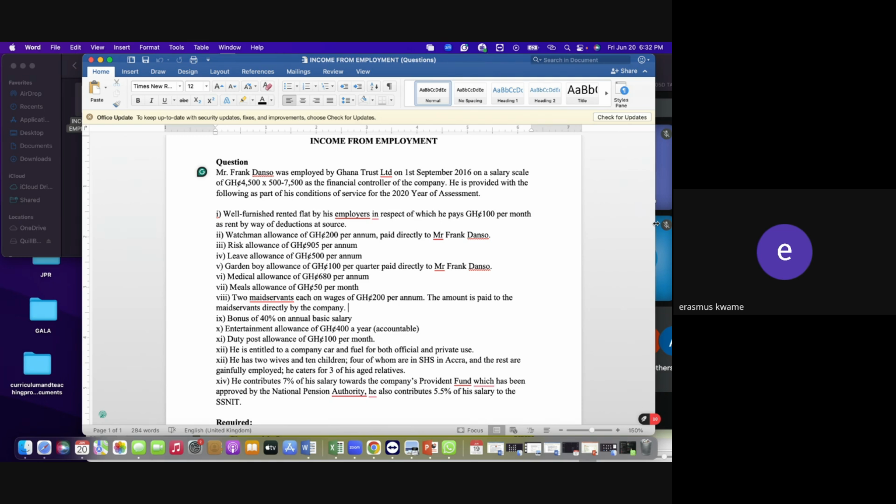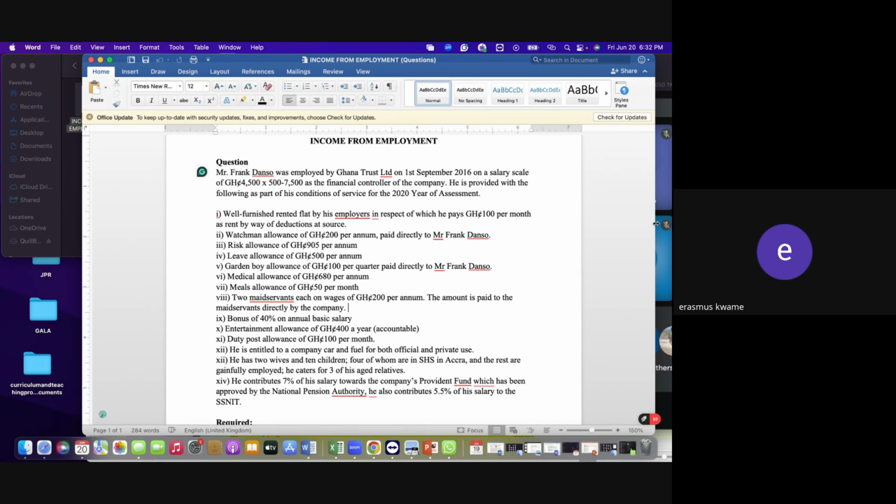2. Watchman allowance of 200 Ghana cedis per annum paid directly to Mr. Frank. 3. Risk allowance of 905 Ghana cedis per annum. 4.